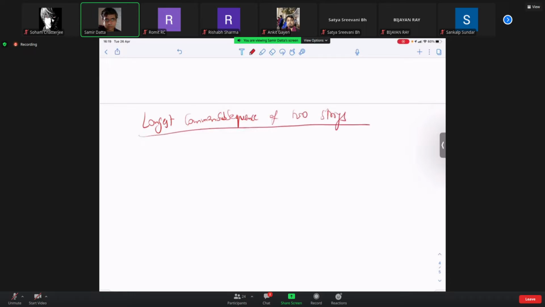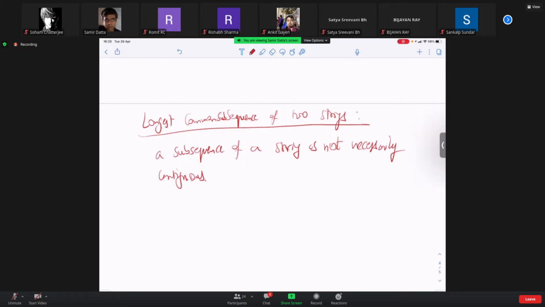So what is the difference between longest common subsequence and longest common word? A subsequence needn't be contiguous. A subsequence of a string is not necessarily contiguous. Correct?